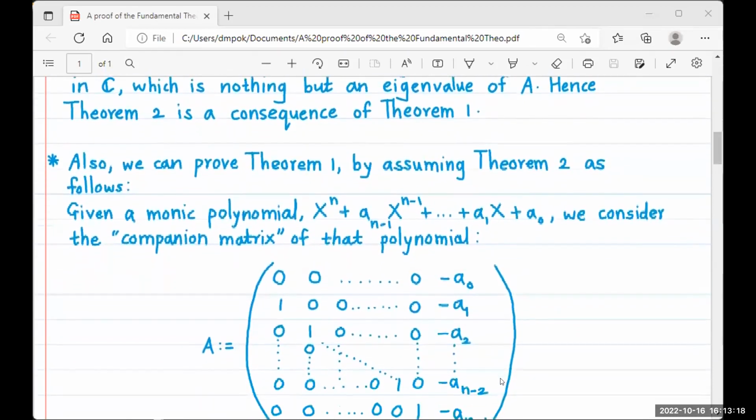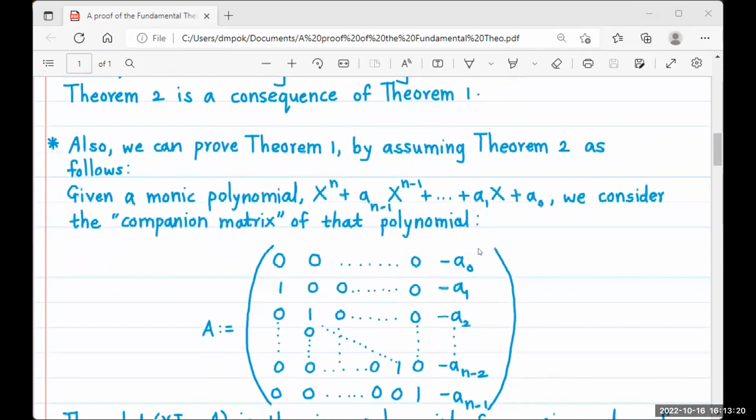It is an n cross n matrix whose last column consists of the negatives of the coefficients in the given monic polynomial: minus a_0, minus a_1, minus a_2, and so on up to minus a_{n-1}. The first n minus 1 entries of the first row are all zeros, and the remaining n minus 1 cross n minus 1 matrix is the identity matrix of order n minus 1.